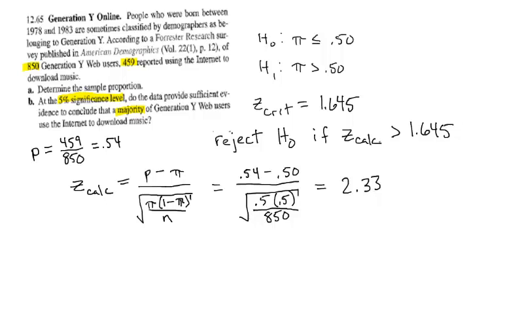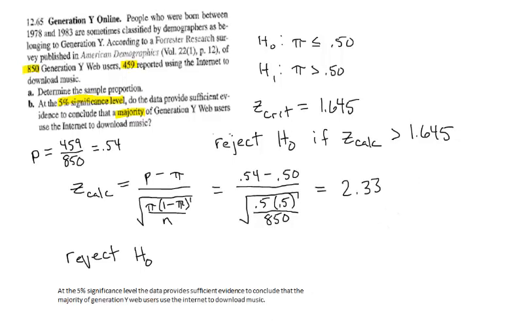And because zcalc is greater than 1.645, we're going to reject H naught. And now we need to write a conclusion. Our conclusion is, at the 5% significance level, the data provides sufficient evidence to conclude that the majority of Generation Y web users use the internet to download music.